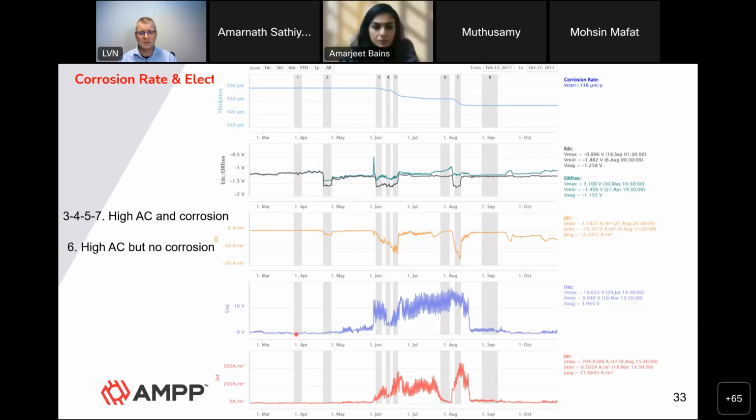You can see initially we do have almost no AC. We have a potential which is in this condition, and we have absolutely no corrosion. You can see that by the straight horizontal line here. And we start disconnecting.